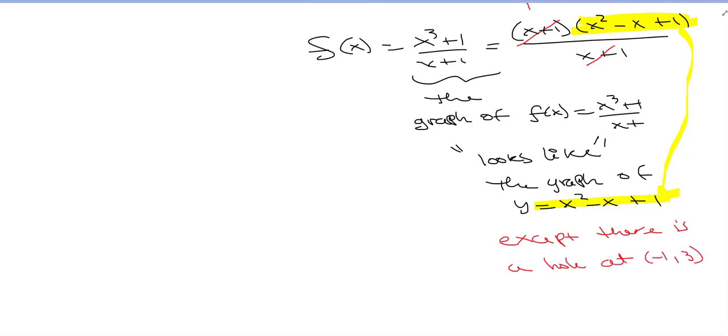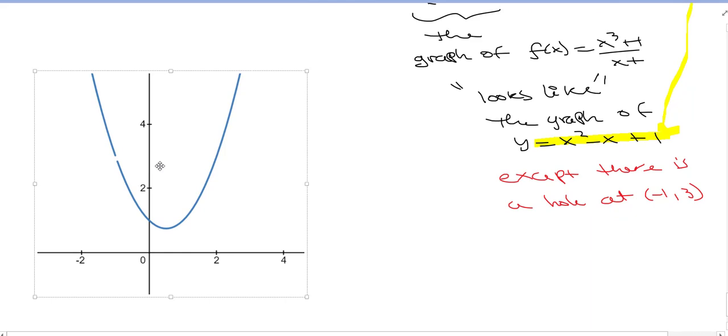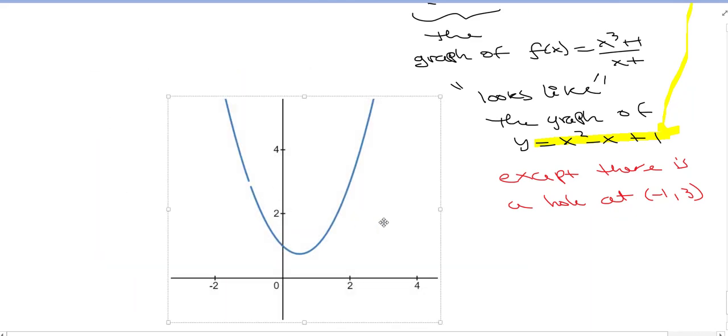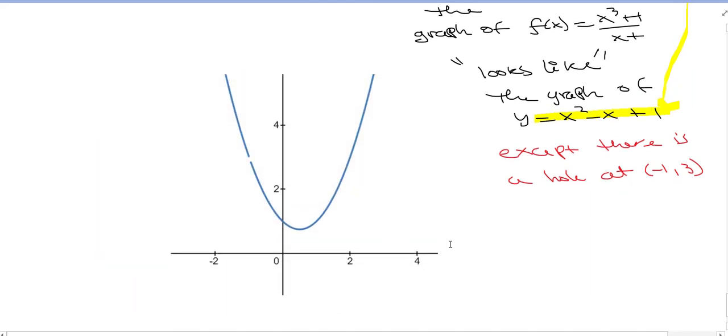So let's look at the graph real quick. I'm going to put it over here. So here's my graph for this function. And there is a hole at -1, 3. This is the graph of y equals x squared minus x plus 1.